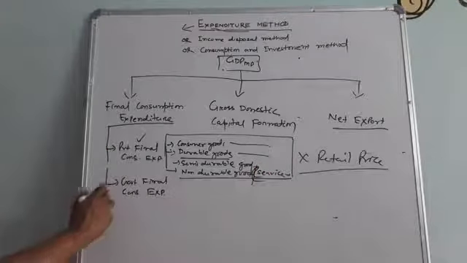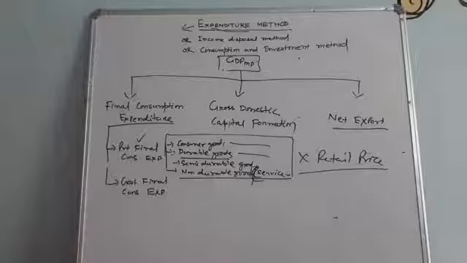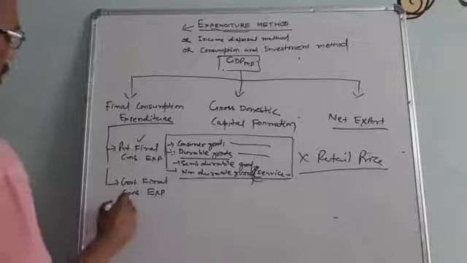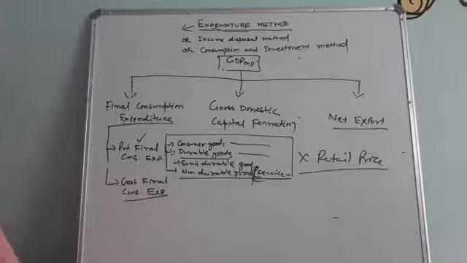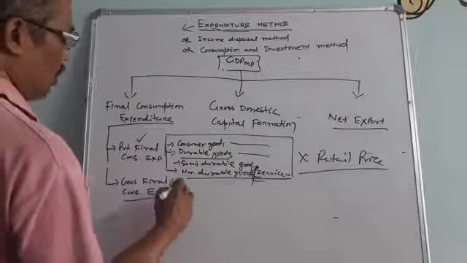Next one, government final consumption expenditure. Government final consumption expenditure is estimated as the total expenditure by the government for producing various services. What are the heads of government expenditures?